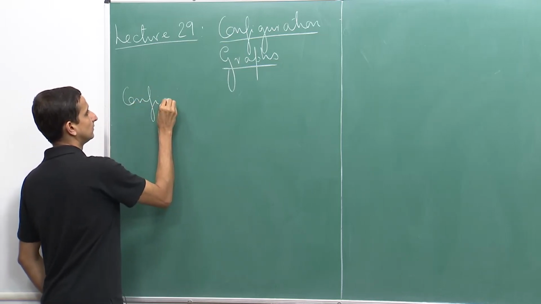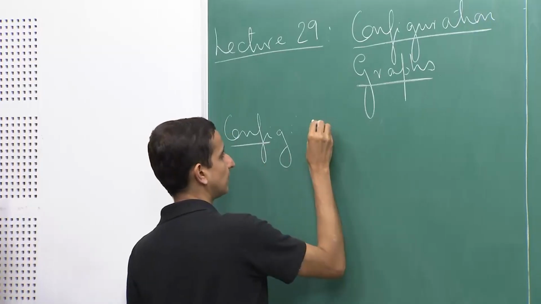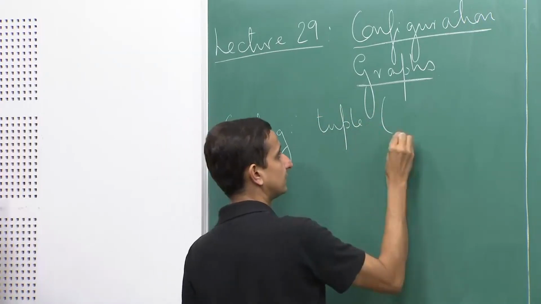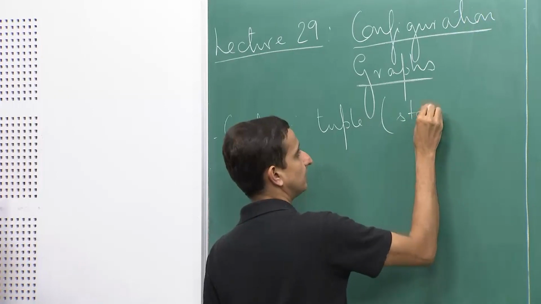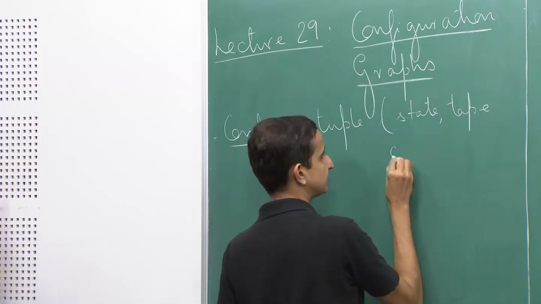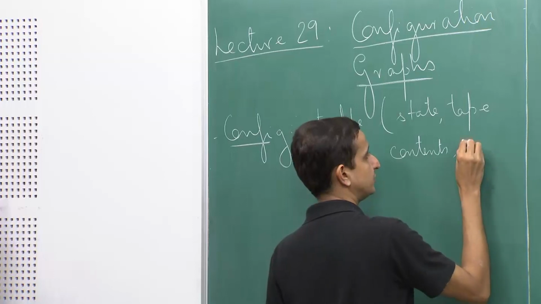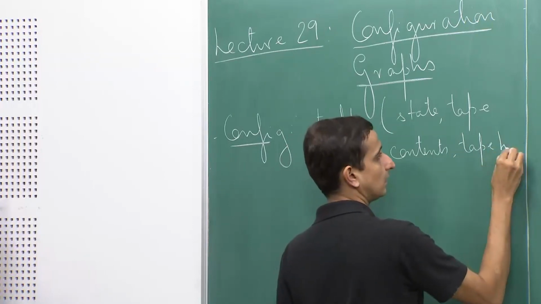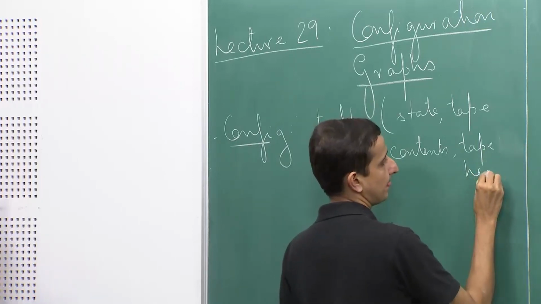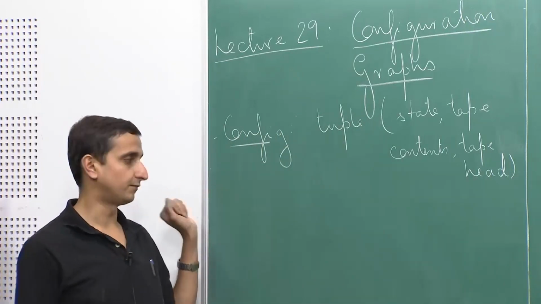Just to recall, a configuration is a tuple of the form: state, tape contents, and position of the tape head. So, this is essentially the definition of a configuration.